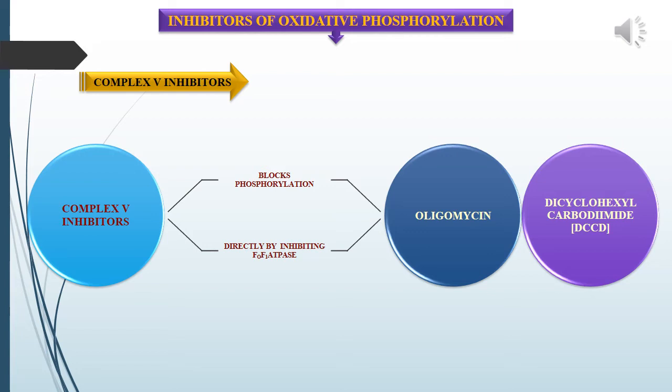Which compounds block it? Oligomycin and dicyclohexyl carbodiimide, DCCD. These two compounds inhibit oxidative phosphorylation as complex 5 inhibitors.